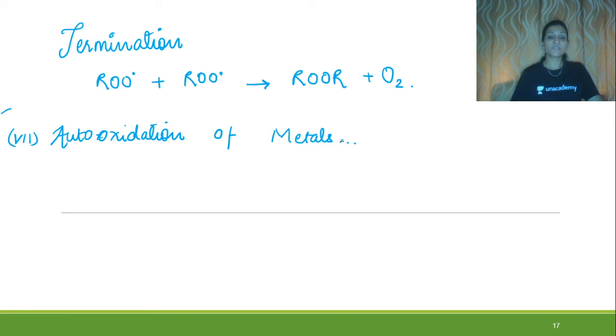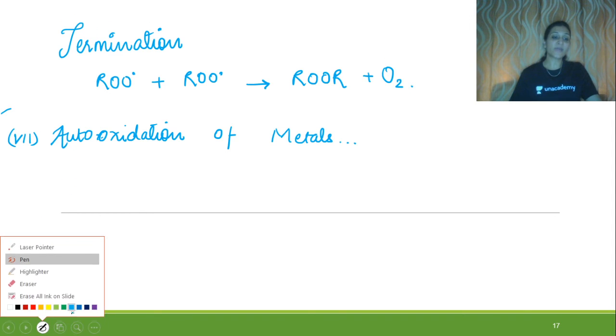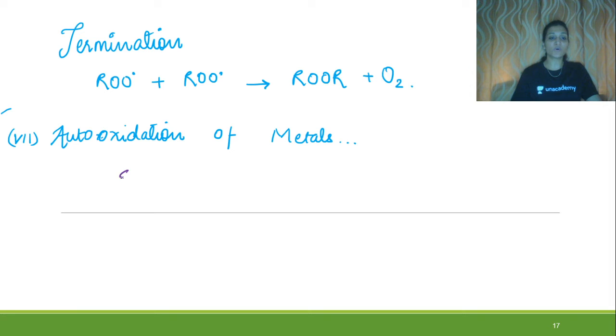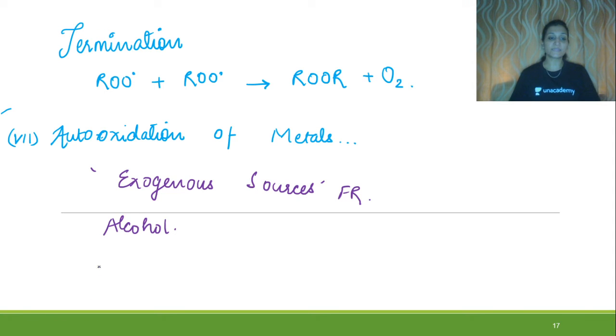So these are the endogenous sources. Let us have a look at some of the exogenous sources also. What are the exogenous sources of formation of free radicals? The first one is alcohol. The second one is radiation.